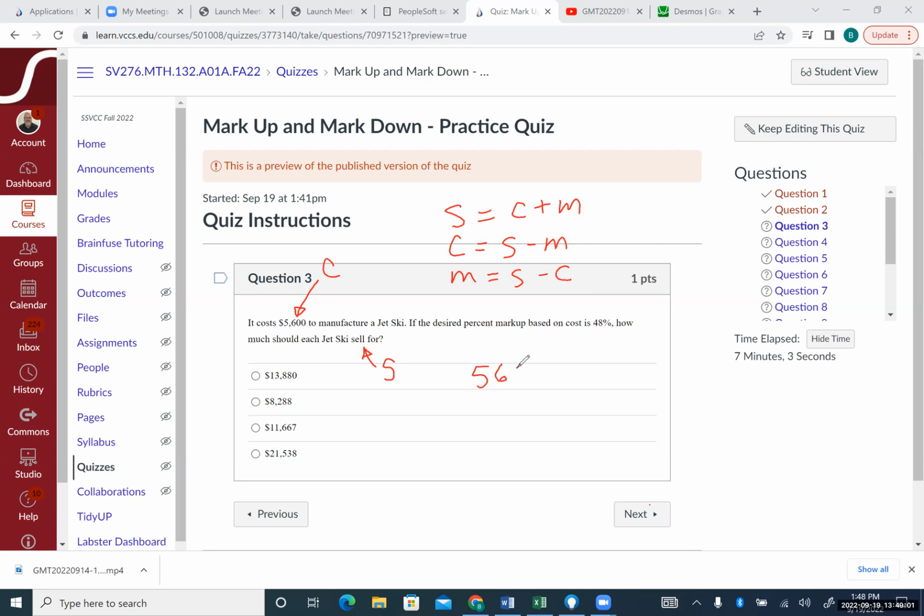So here's what she's saying. We need 48% of this number. So we multiply 5,600 times 0.48, and that'll give us the markup. Now, it's not the answer to the question, but it's a step along the way. So what is the markup?